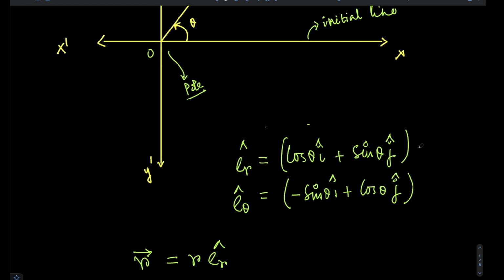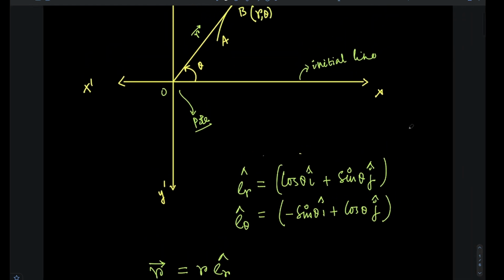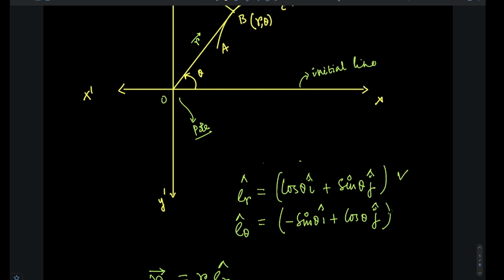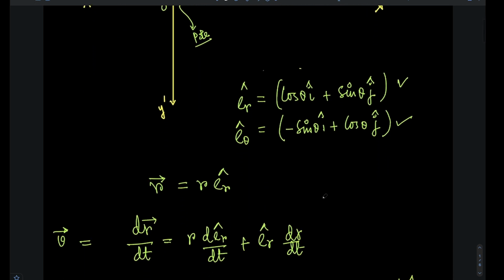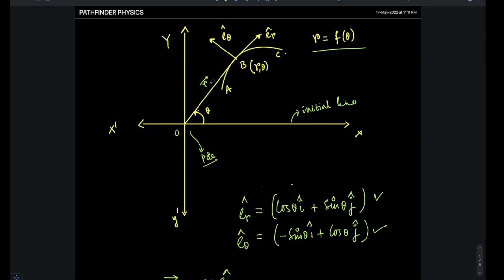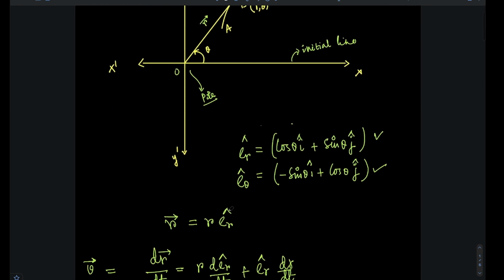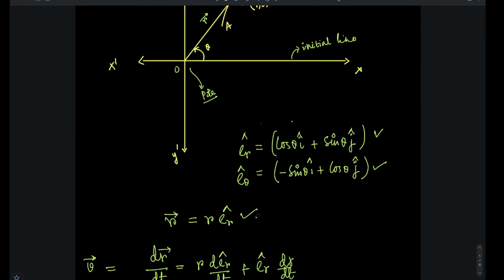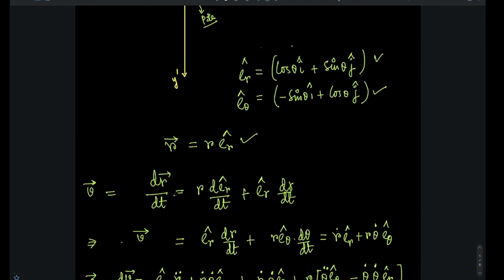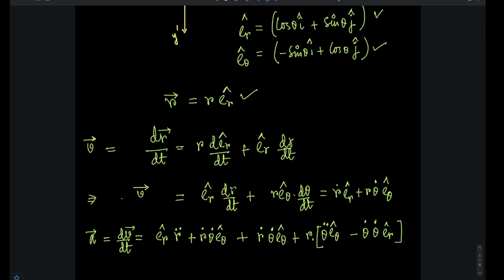Here we can write e_r cap like this, and e_theta cap like this, and r bar can be represented as the modulus of r times its unit vector. So velocity v bar equals d/dt of r times e_r cap, which is r times d e_r cap/dt plus e_r cap times dr/dt. So e_r cap times dr/dt plus r e_theta cap times d theta/dt.